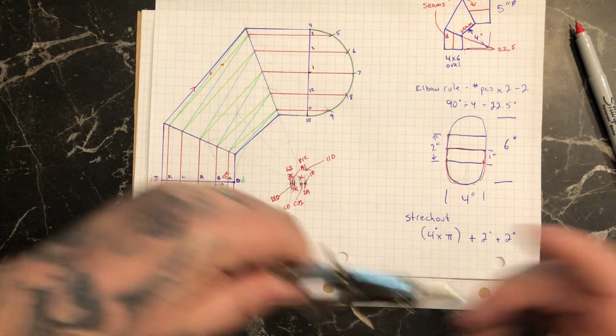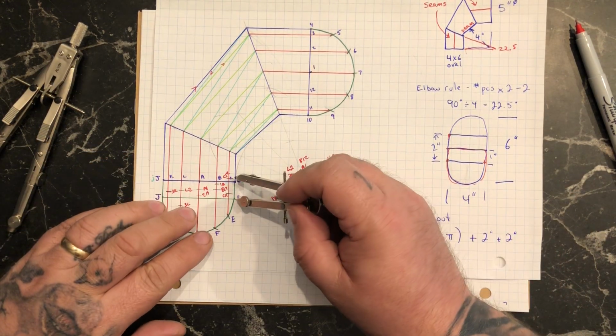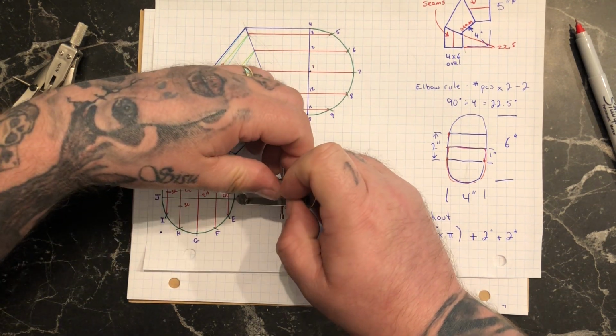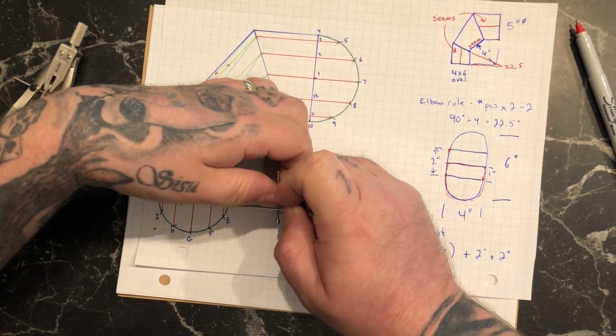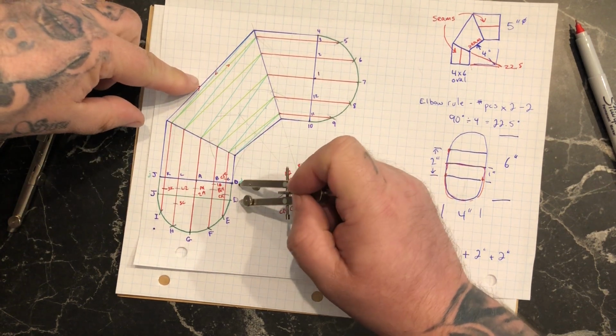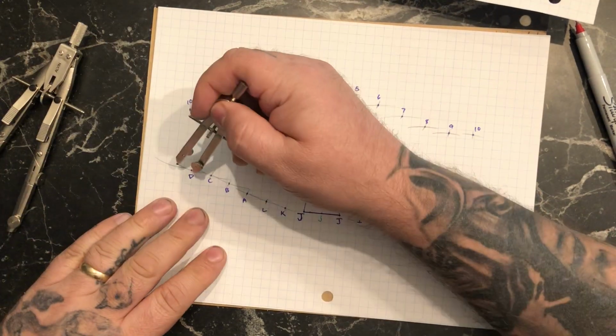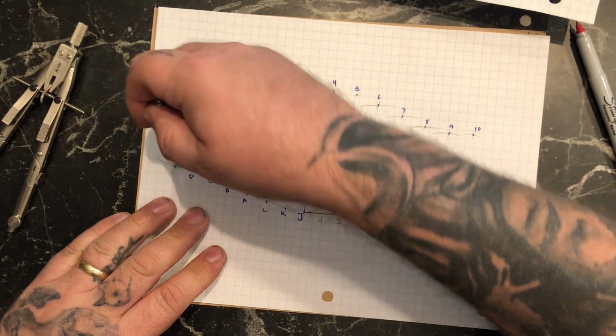And then I'm going from big D to small d. Or basically just an inch, right? Big D to small d.